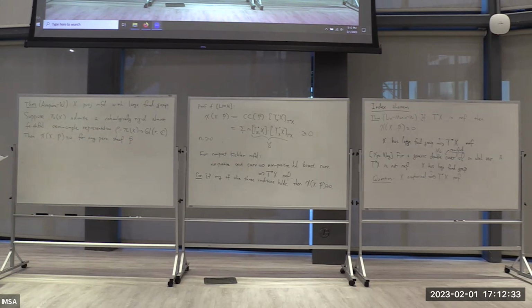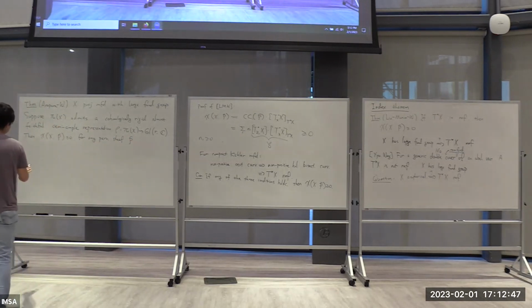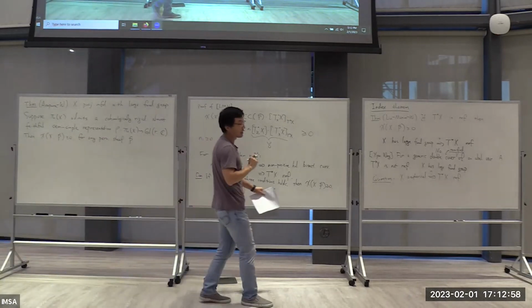Do you know other examples, other than the Mostow lattice? No. Yes, okay. So let me say, the statement itself is not interesting because all the examples we know have cotangent bundle being nef.